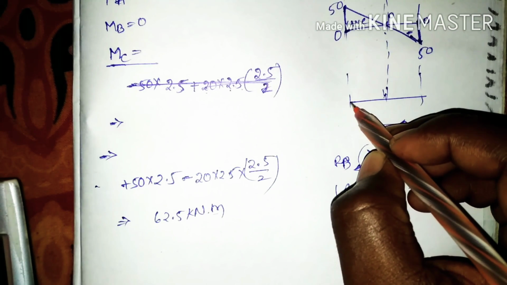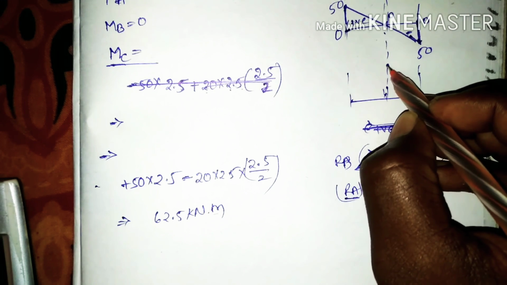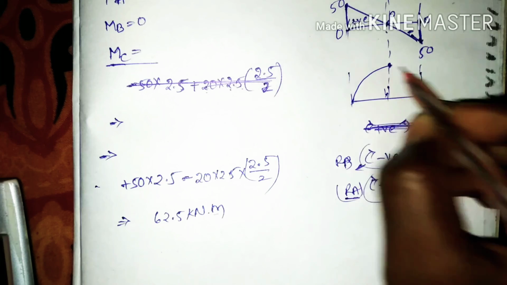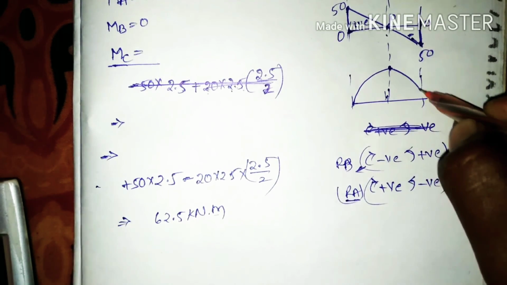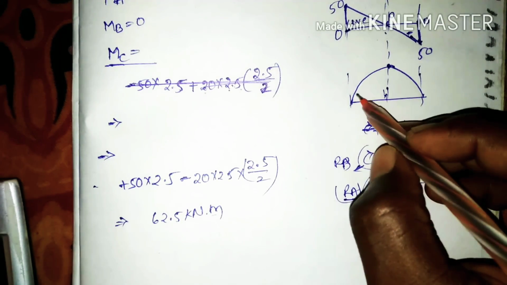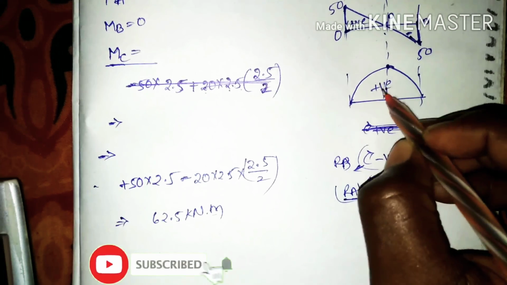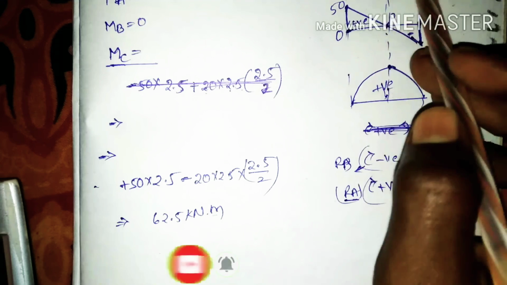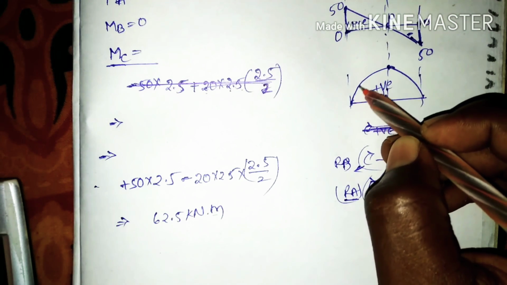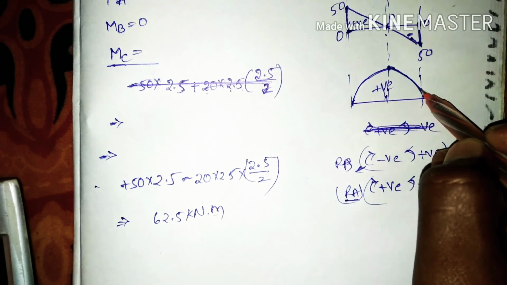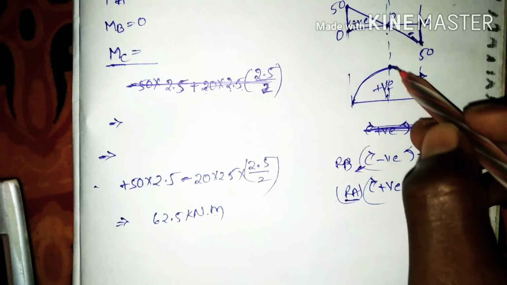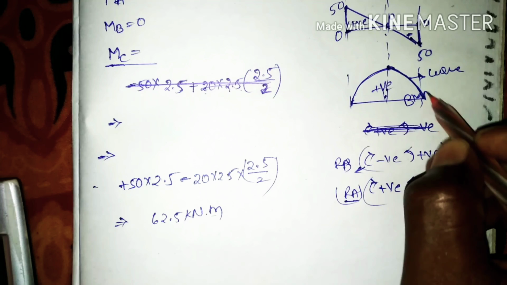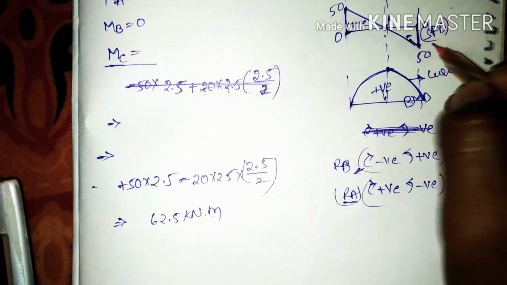Here the value is 62.5, and this would be parabolic, not a straight line, because here we are having the positive sagging moment, and for the entire span the UDL is going to act, so we are having a curved form, not an inclined or straight line from point to point. This is the bending moment diagram, and this is the shear force diagram.